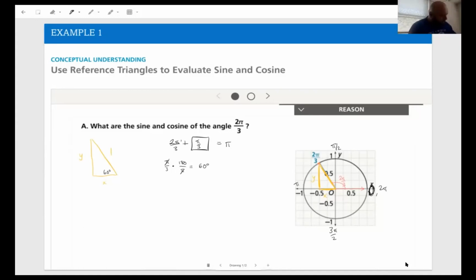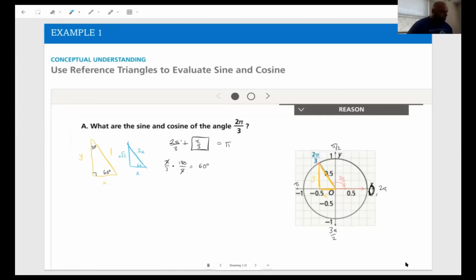So now that you see that that's 60, and we always have a right angle, this should stick out to you as a 30-60-90, which means, again, that it's going to have the relationship of whatever this is, x. The hypotenuse will always be twice that, and the other leg will always be that number times the square root of 3.